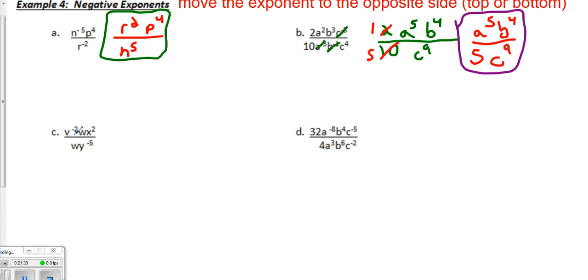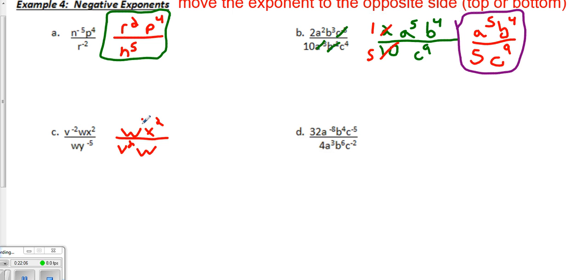Okay, let's try example C here. We have v to the negative 2 on top here. We have y to the negative 5 on bottom, so those are going to have to move. V to the negative 2 on top becomes a v to the 2 on bottom here. We'll leave our w and x squared untouched, and our w here.